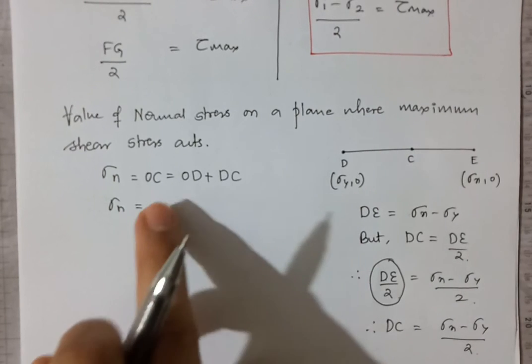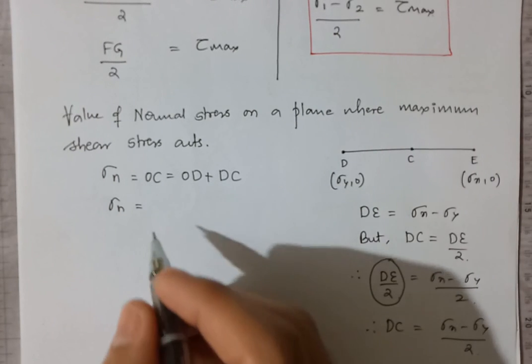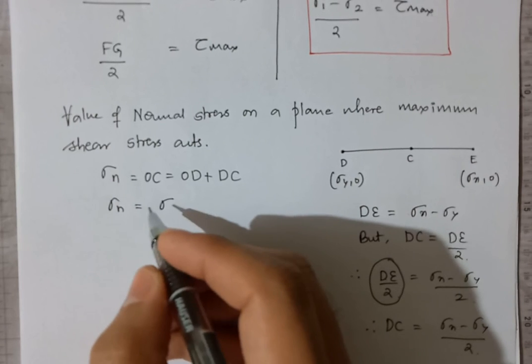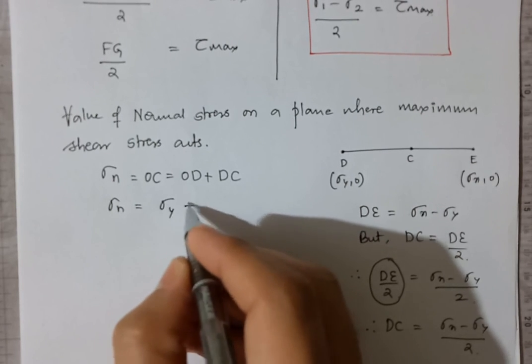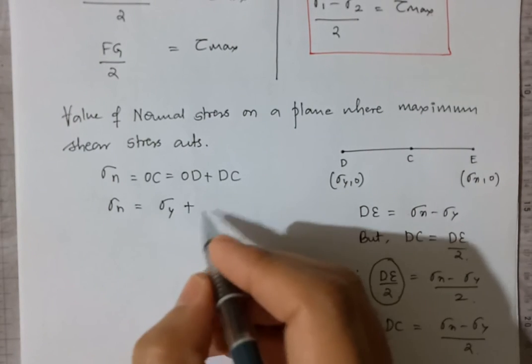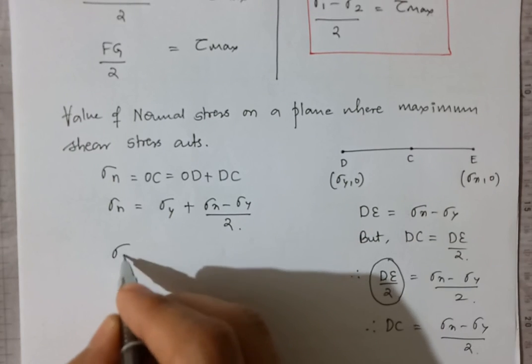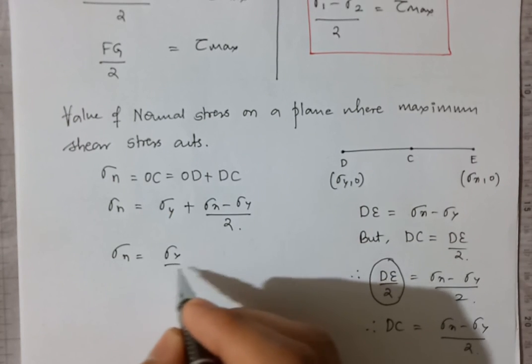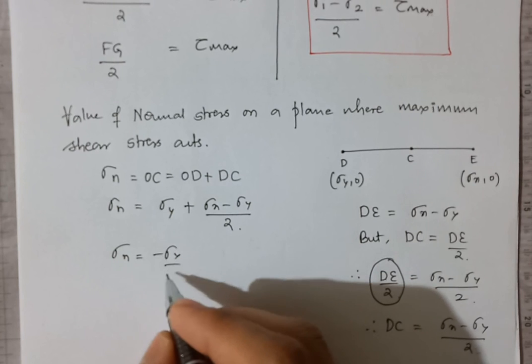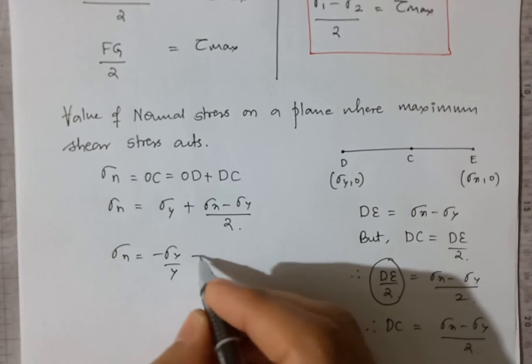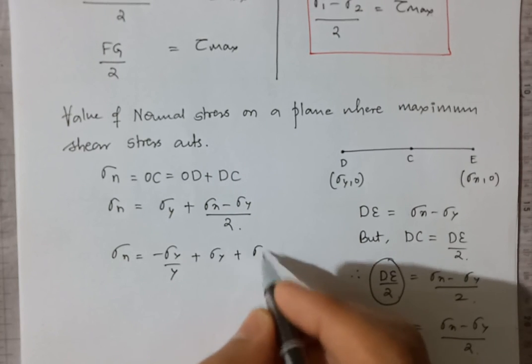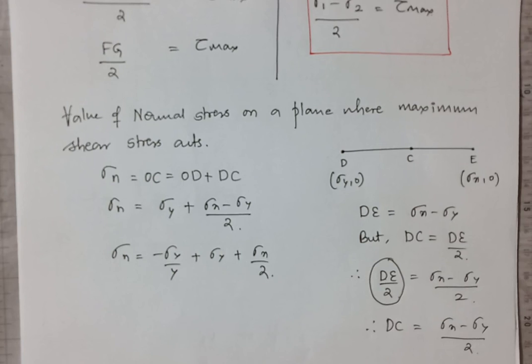Same thing I'll be substituting here. OD is nothing but sigma y, plus DC, which is sigma x minus sigma y divided by 2. So sigma n is equal to sigma y minus sigma y by 2 plus sigma x by 2. I'll be getting this equation.